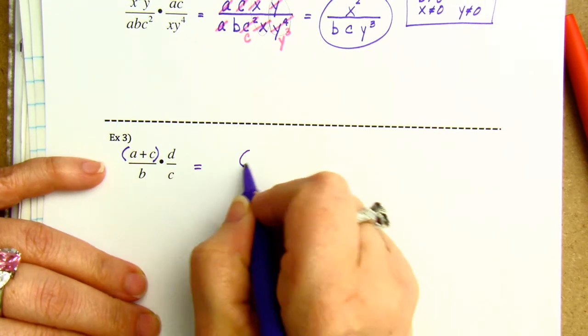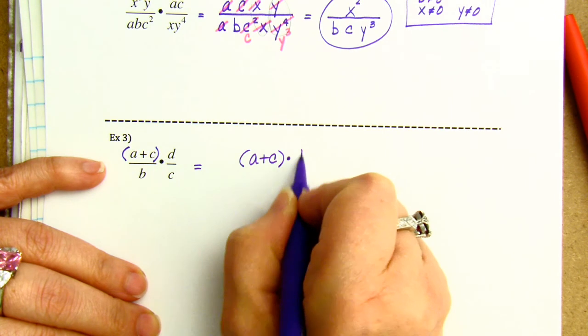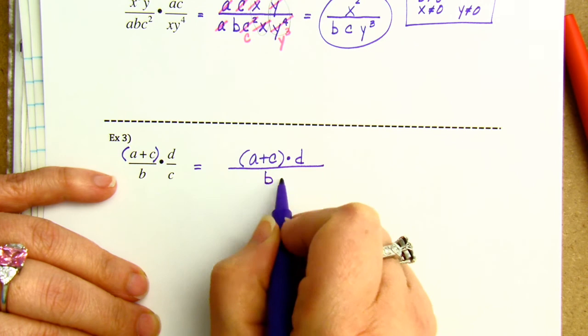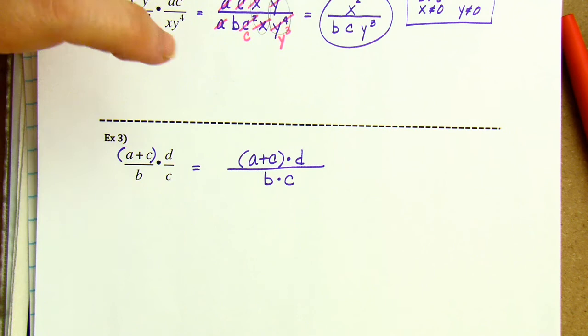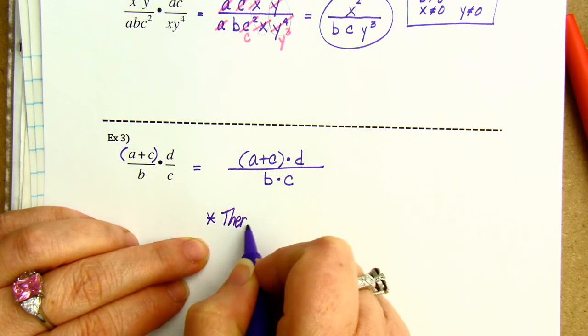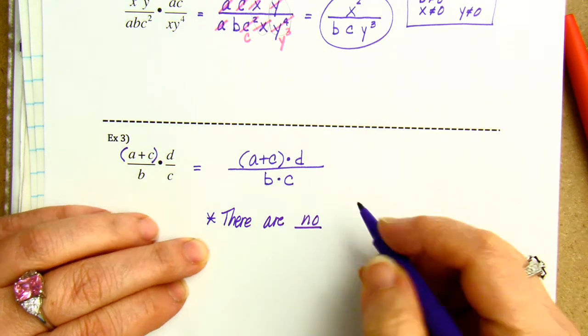This means quantity a plus c times d divided by b times c. Well, guess what? There are no common factors. I know you might think those c's can get divided out, but they can't. They cannot. So we're going to write here in our notes, there are no common factors.